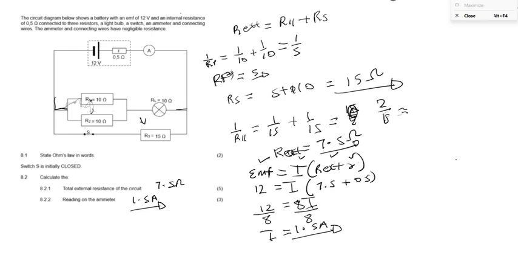When we have two resistors in parallel, the formula to use is the parallel resistance formula. When you solve, it gave us 5. So imagine this now as a single resistor of 5 ohms. So you can cancel this one and have 5 ohms instead.